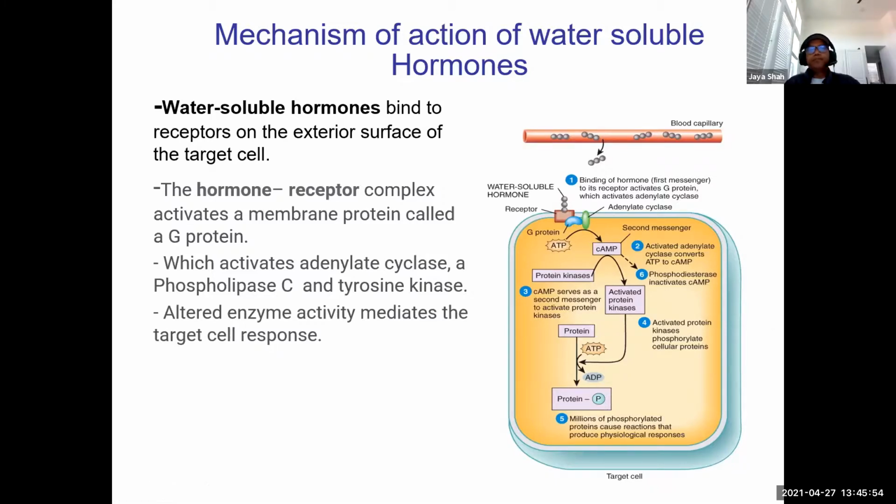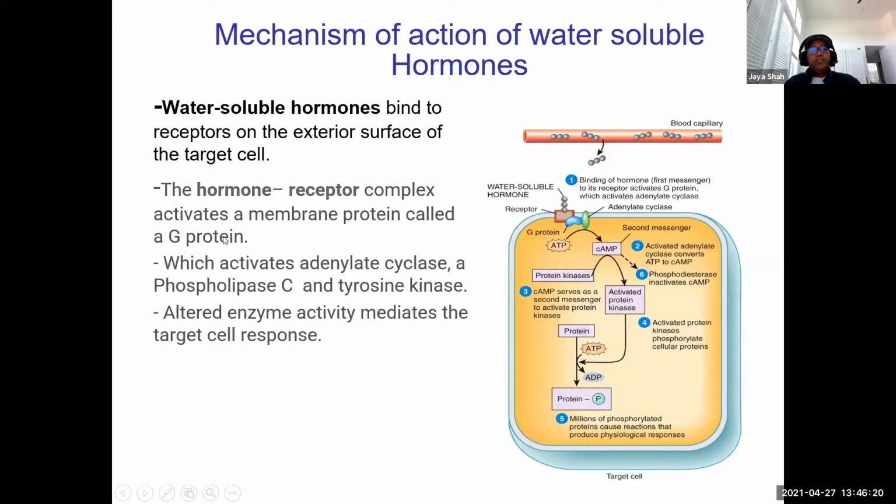Okay, so let's read it. Water-soluble hormones bind to receptor on the exterior surface of the target cells. So here, the hormone receptor complex activates membrane protein called G protein, which activates adenylate cyclase, an enzyme, phospholipase C, an enzyme, tyrosine kinase, an enzyme.